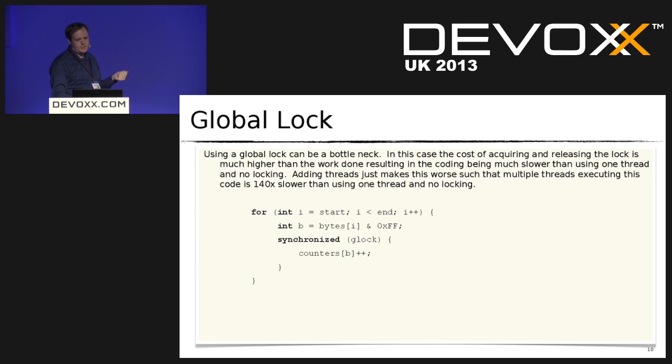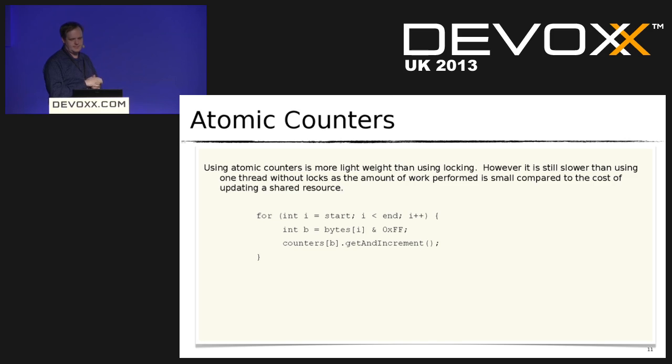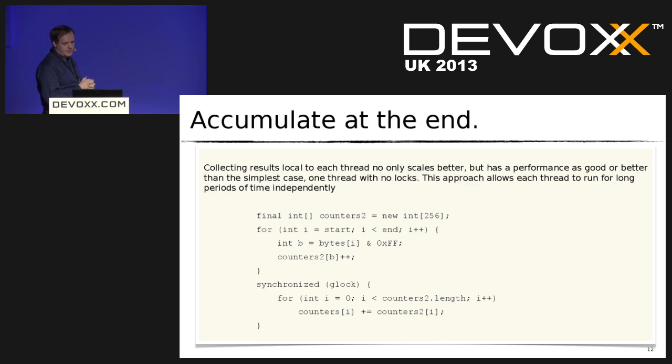So this is the global lock example, where each thread has a start and an end set of data. It goes through, and then using the global lock as a guard, increments the counter. Another one here is doing the same thing, except now it's using atomic integers. It doesn't need to use any locking because the get and increment is an atomic operation.